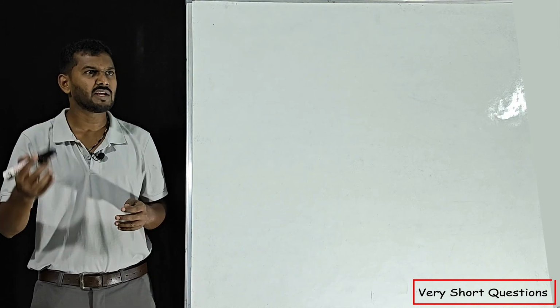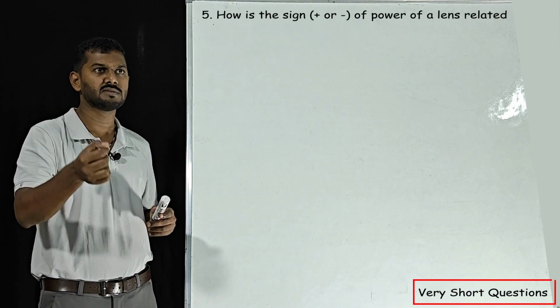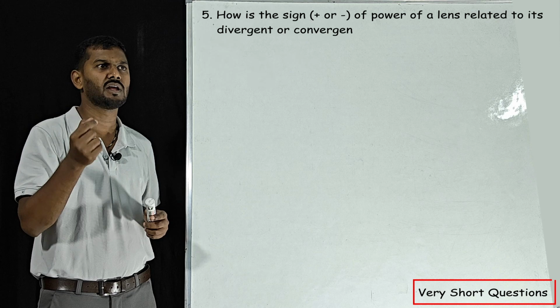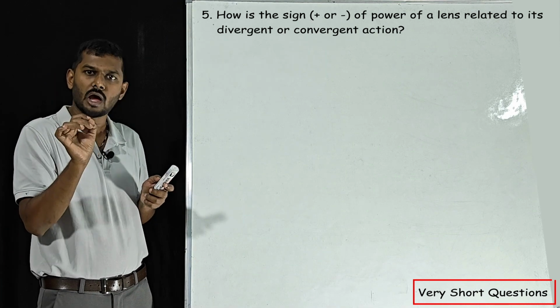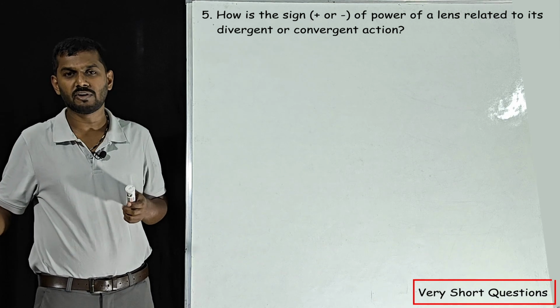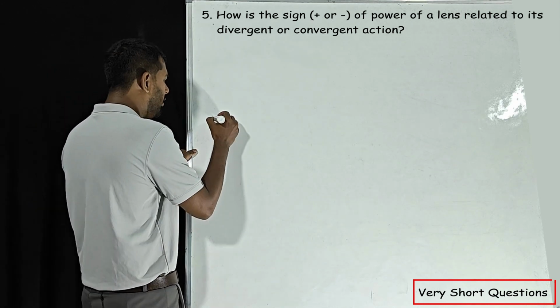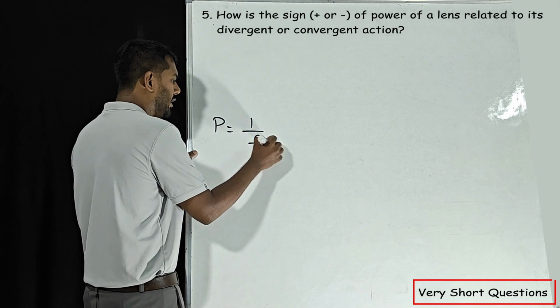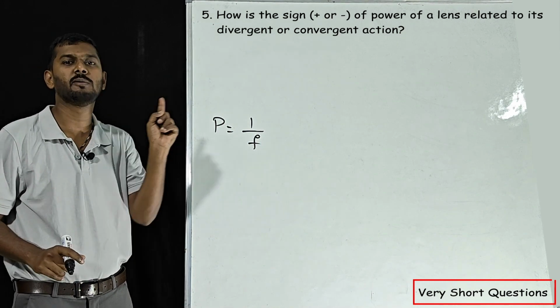That's it. Our next question, how is the sign, plus or minus, of power of a lens related to its divergent or convergent action? If you have the basic knowledge about focal length and different types of lenses, then you can easily answer this one. How? Because power depends upon what? It depends only on focal length. Keep this in mind.